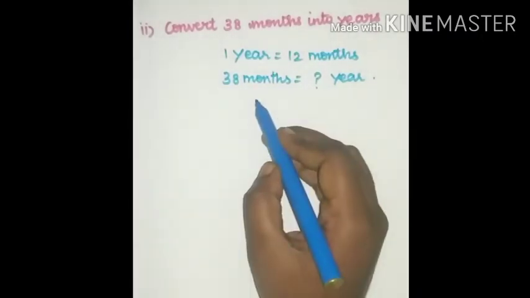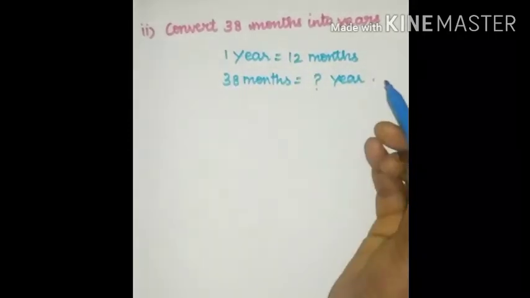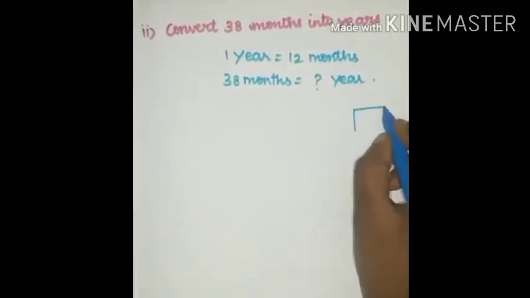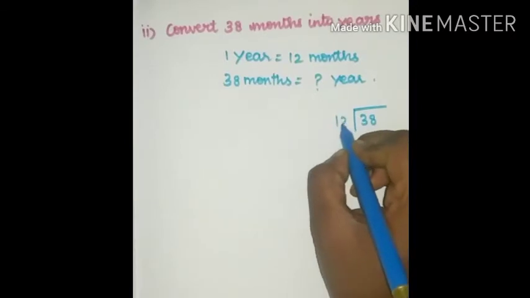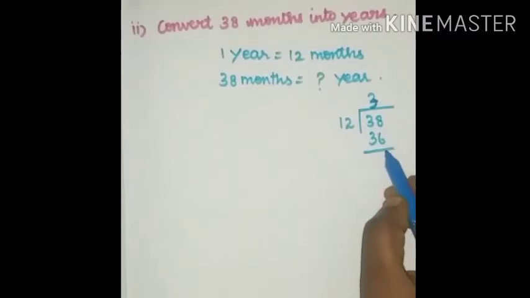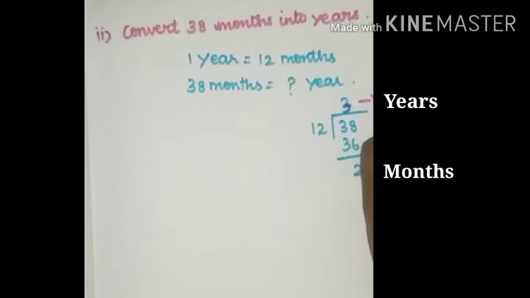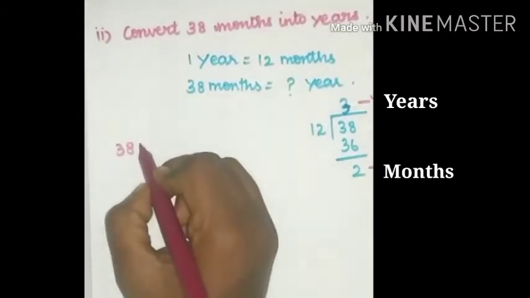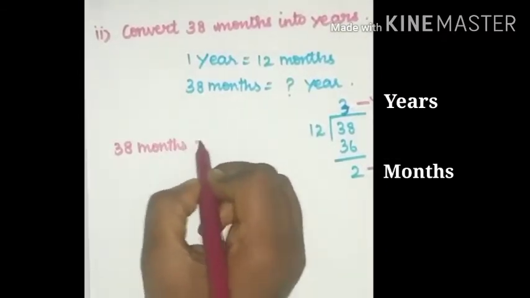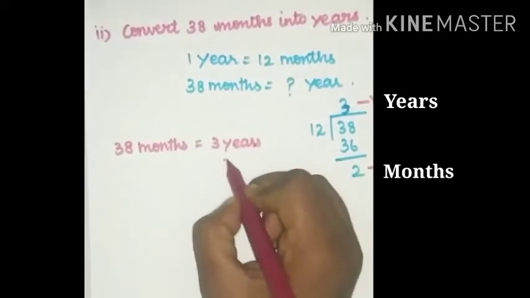For that, we have to divide it by 12. 38 divided by 12. 12 threes are 36. 38 minus 36 is 2. 3 is considered as years and 2 is considered as months. So 38 months equals 3 years 2 months.